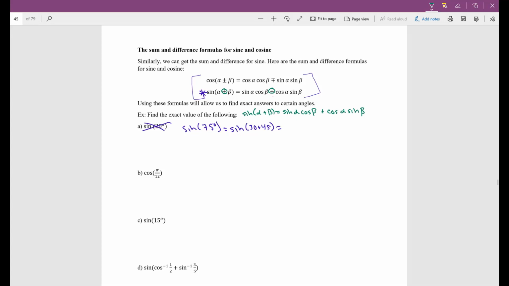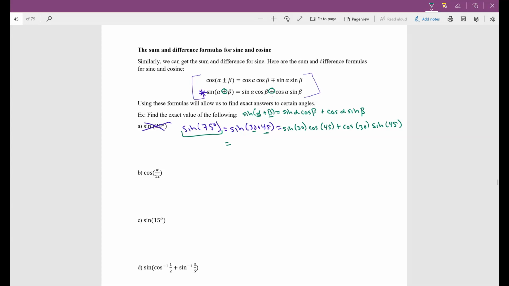Notice that alpha is the first number and beta is the second number. So just by plugging everything in, you're going to get the sine of 30 degrees, then the cosine of 45 degrees, plus the cosine of 30 degrees, and then the sine of 45 degrees. If I figure this out, I will be able to get the sine of 75 degrees.